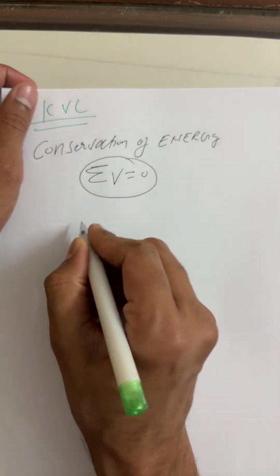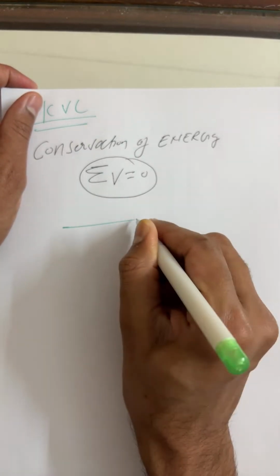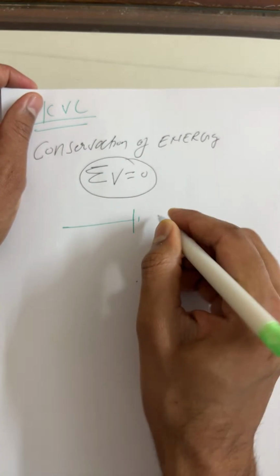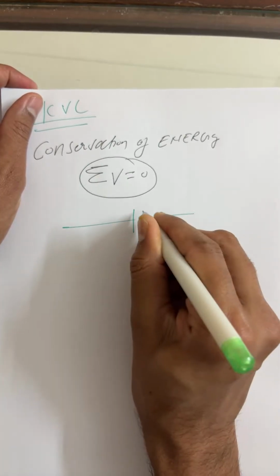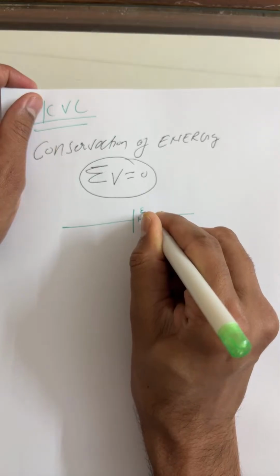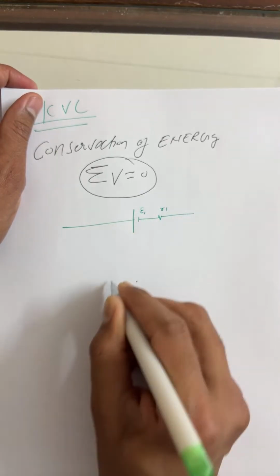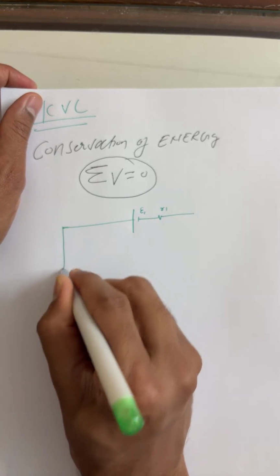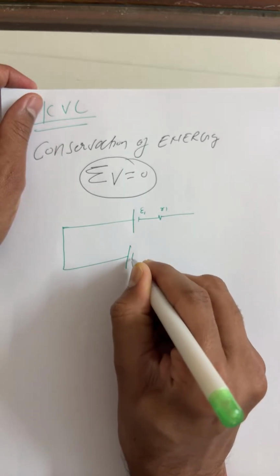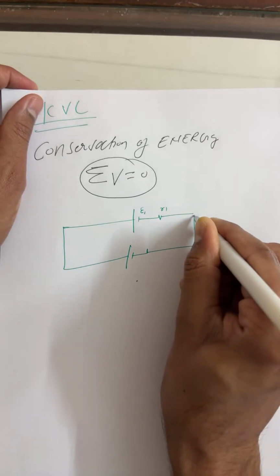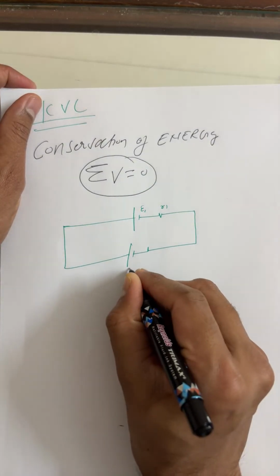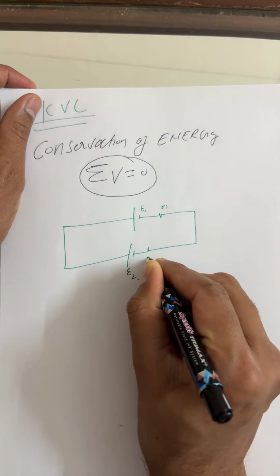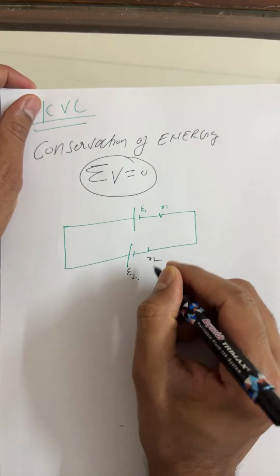Now just have a look at this. This is E1, R1. This is E2, and this is R2.